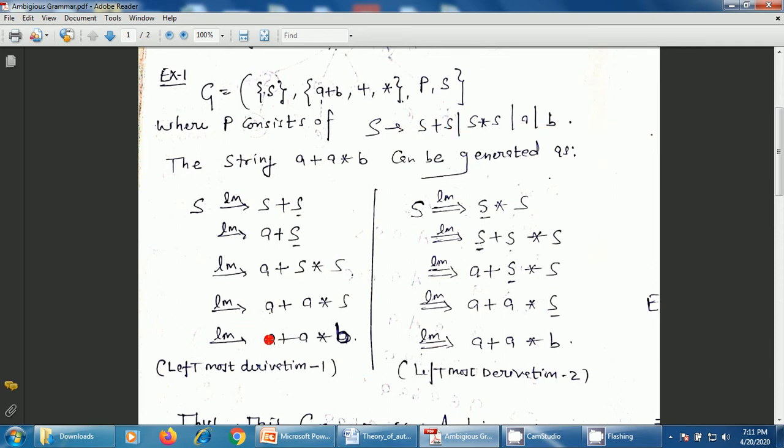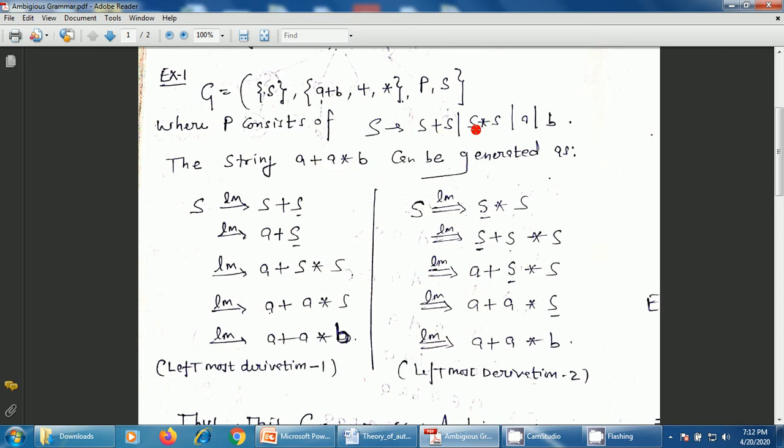And the same string is generated by this method also. This is another leftmost derivation. Here I am going to take another production, S tends to S into S. We can choose any production. Now the target is to generate a plus a into b.